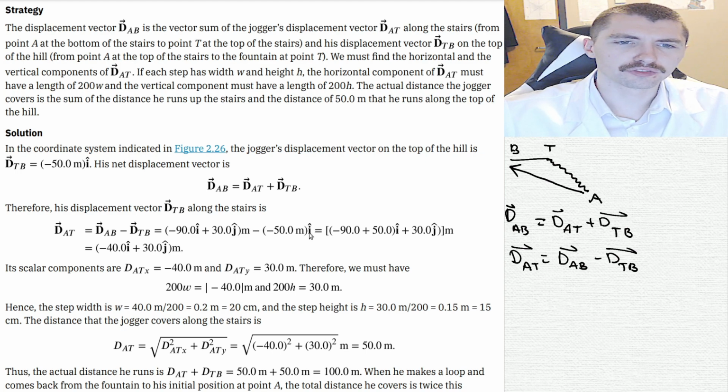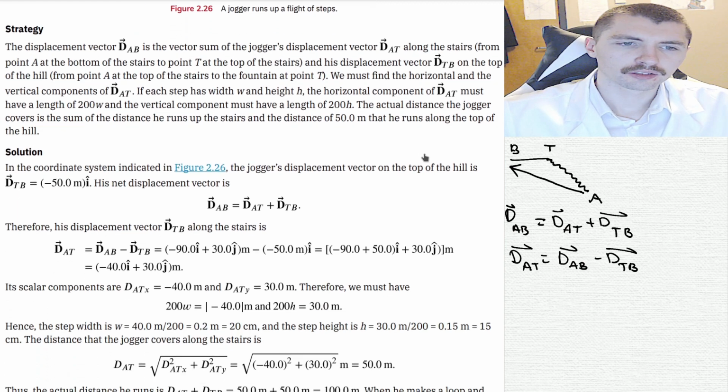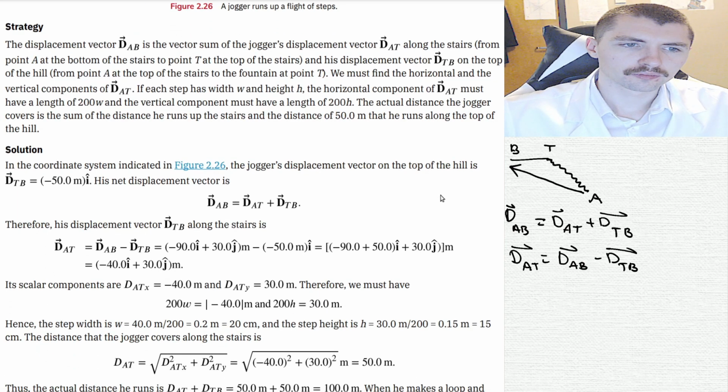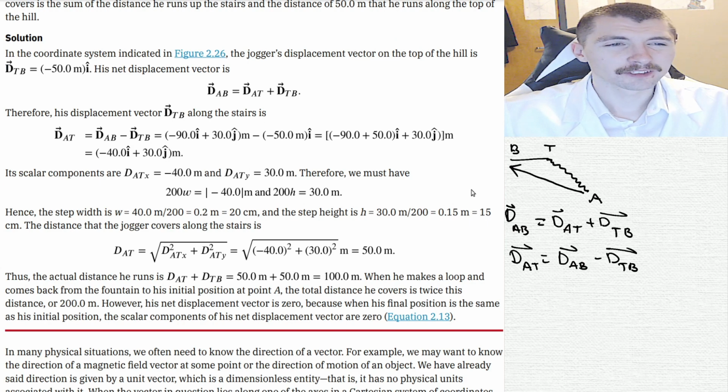So the 50 i, that's one thing we calculated right. And that's TB. I feel like I'm having trouble following, but we'll get through it.